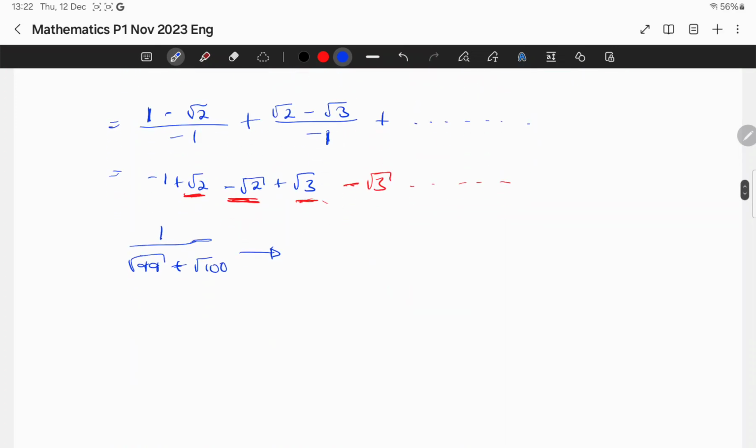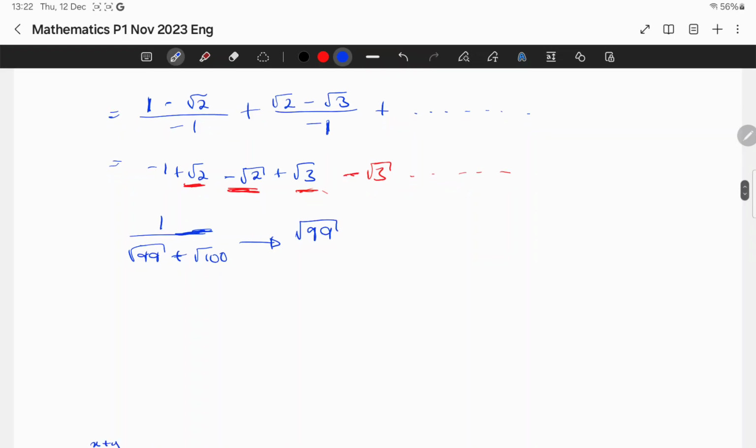It will simplify to root 99 minus root 100 over negative 1, which is equal to negative root 99 plus root 100. And we know that this negative root 99 is cancelling that root 99 from the previous term. So the only term that we'll be left with is this root 100.